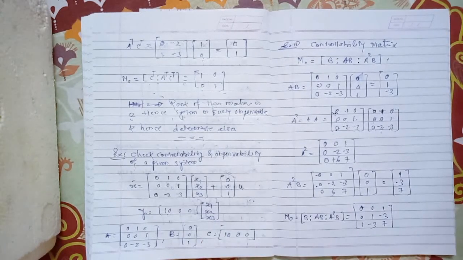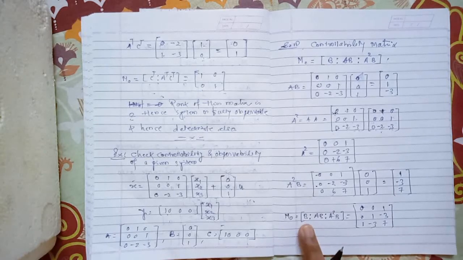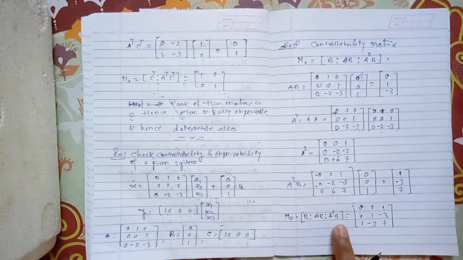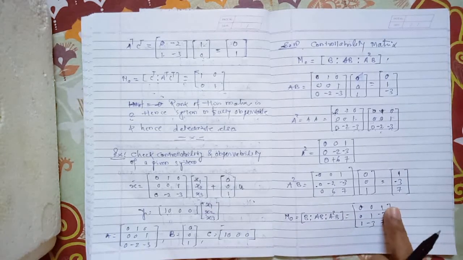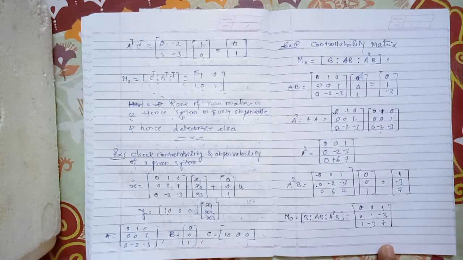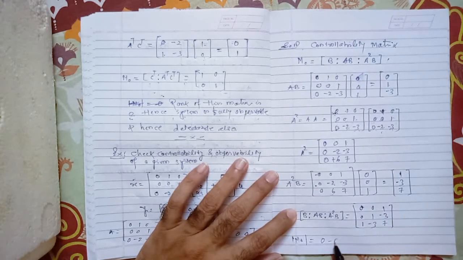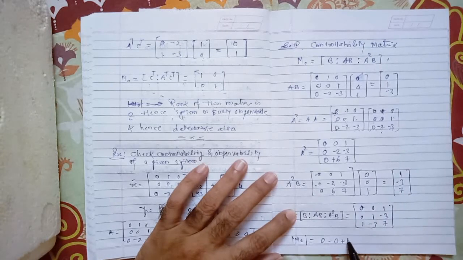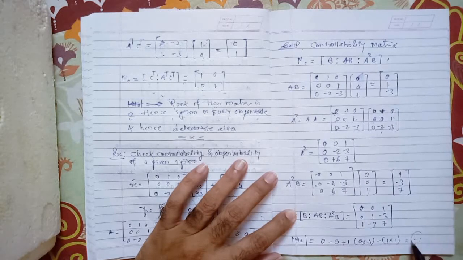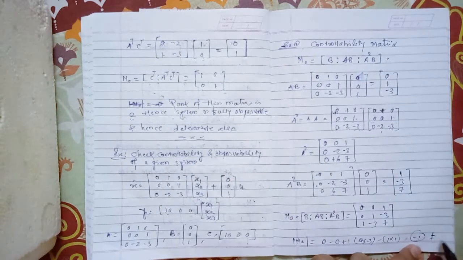Okay. Now see here, B, AB and A square B, this is 0, this is 0, so 1 multiply, if we find out the determinant of this one, this is 0, so this is 0, this is 0, so this is minus 0, and this is plus 1 multiplied by 0 into minus 3 minus 1 into 1, so it is equals to minus 1, which is not equals to 0.